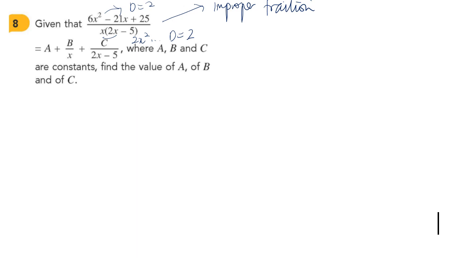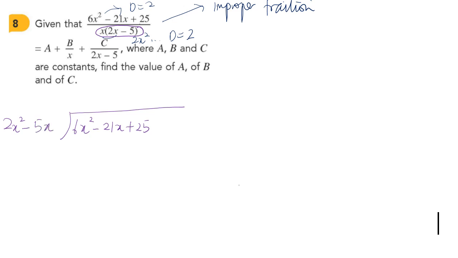So for improper fractions, you cannot just jump into applying the rule straight away. You have to apply this thing called long division. So first things first, let's do the long division. You have to expand your numerator to get 2x squared minus 5x.